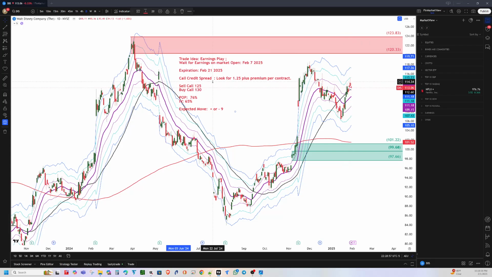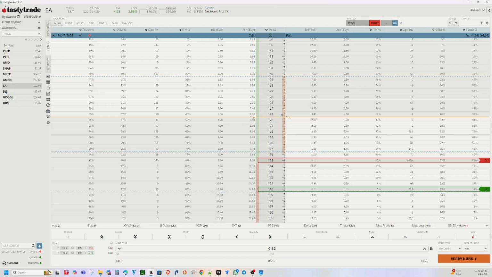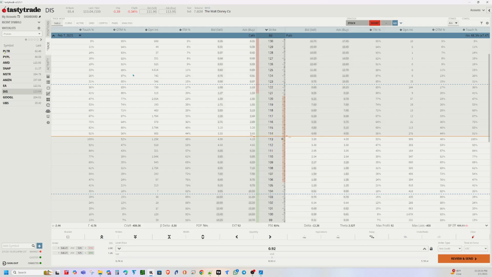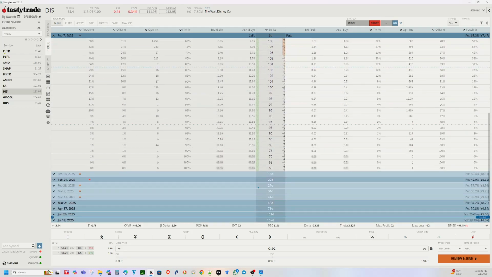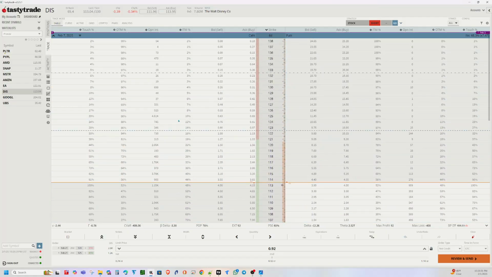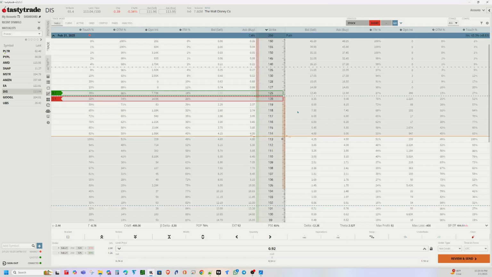And then the trade idea is expiration February 21. Look for $25 premium per contract, call credit spread. So we're going to sell 125 and buy the 130 call. Probability of profit is 76%, IV is 65. So on Disney, we're looking at 125 and 130 for February 21.